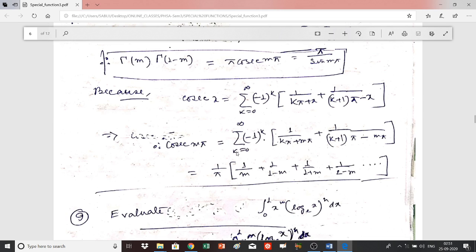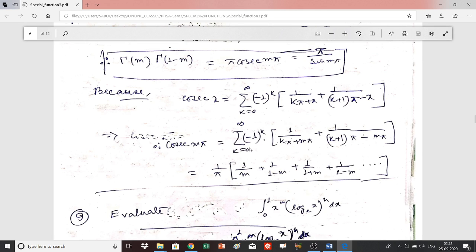If you write cosec n pi, here x is equal to n pi. So from here you will get 1 by (k pi + n pi) plus 1 by ((k+1) pi - n pi).